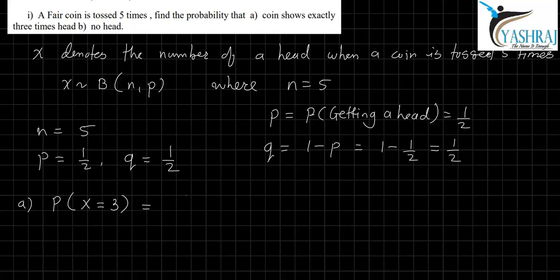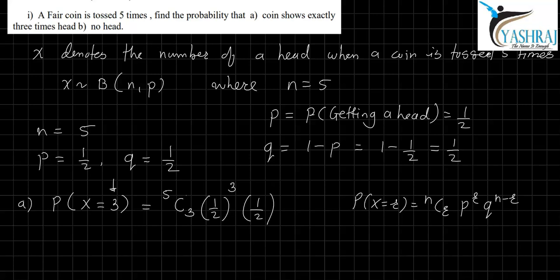As per the standard formula, P of X equals r is nCr p to the power r into q to the power n minus r, where n is 5, r is 3, p is half, q is half, and n minus r is 5 minus 3, which is 2. Now try to evaluate it.